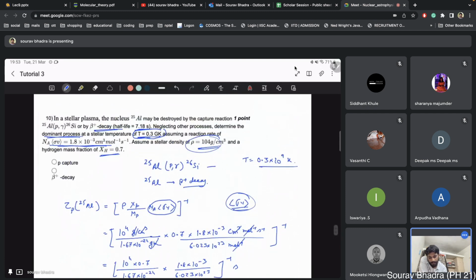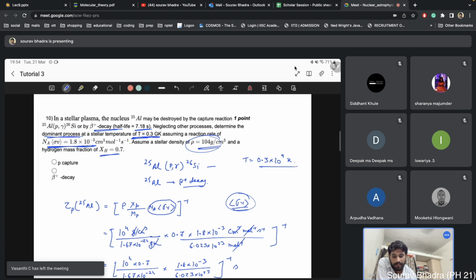So here that sigma v, Na sigma v, is a function of temperature, and at this particular temperature the value is this 1.8 × 10 to the power minus 3. If the temperature is different, then this Na sigma v will be different. That's why it is given that at this temperature the sigma v is this, because if it had not been given, we would have to calculate it from first principles using the temperature. So apparently you can say there is no use of T equals 0.3 GK, but the information of that temperature is already built into this particular value.